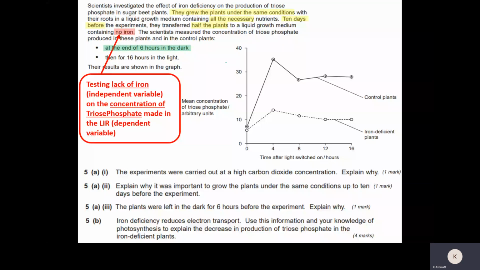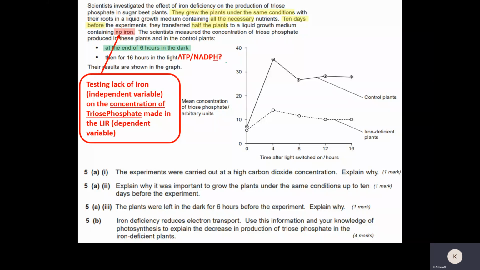So after 6 hours in the dark for the control group of plants and the experimental group of plants with no iron, they then switched the light on for 16 hours and they measured the mean concentration of triose phosphate. Now we know as soon as that light is switched on, the chlorophyll in the thylakoid membrane can absorb red and blue light, which allows the LDR reactions to proceed. Therefore, ATP and NADPH may both be produced.